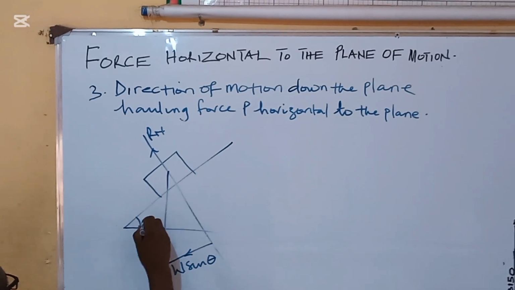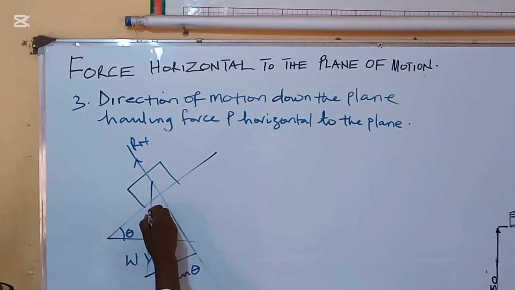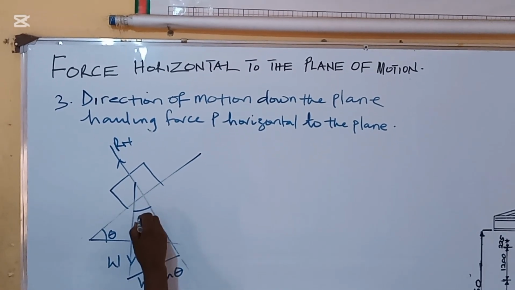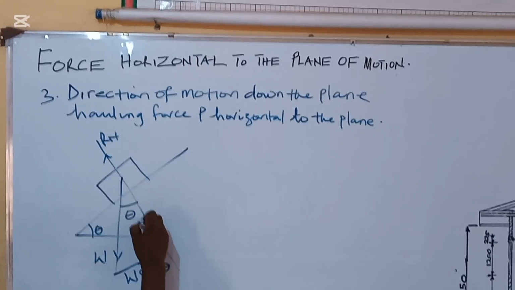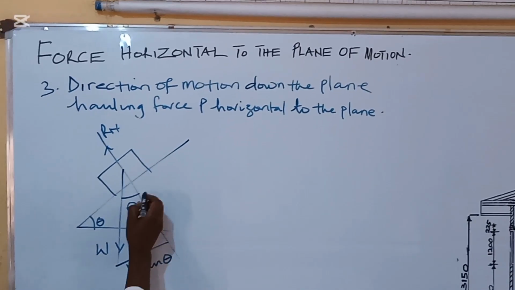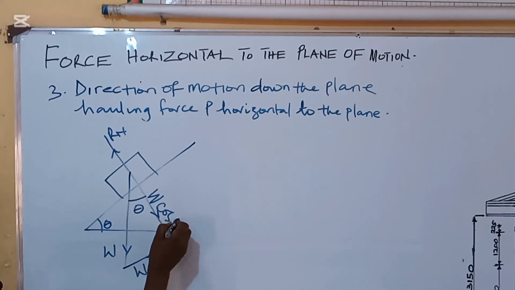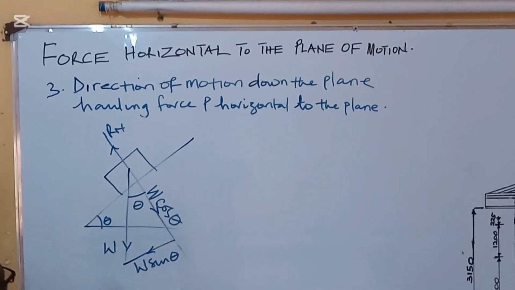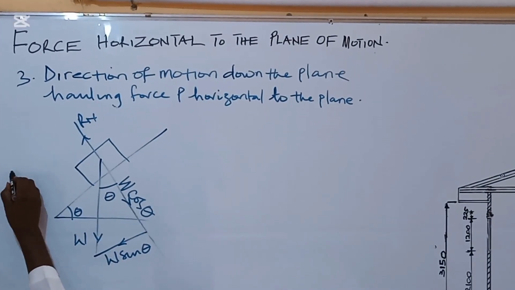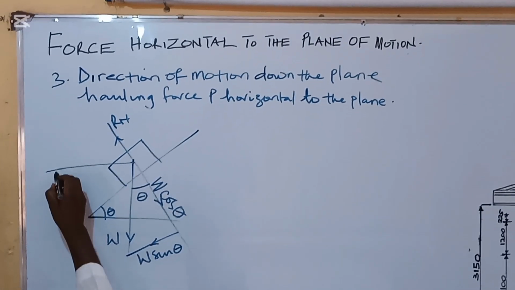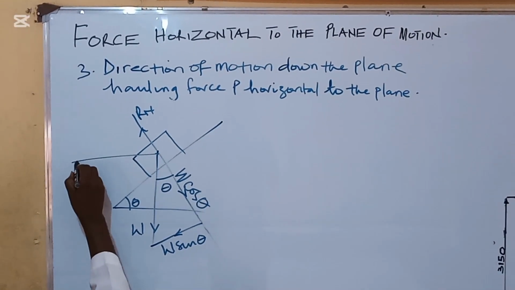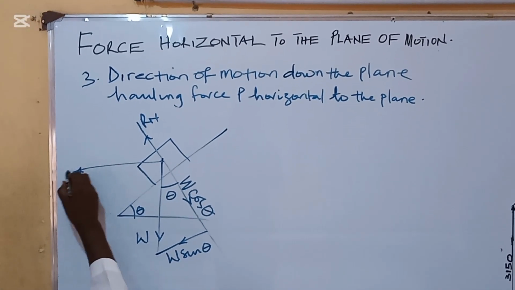The angle of the plane is theta always, and then this angle is also theta. Now, the vertical component of the weight will be W cos theta. Now, mind you, this time the horizontal force P is acting down the plane. Now, let's call it P, alright?